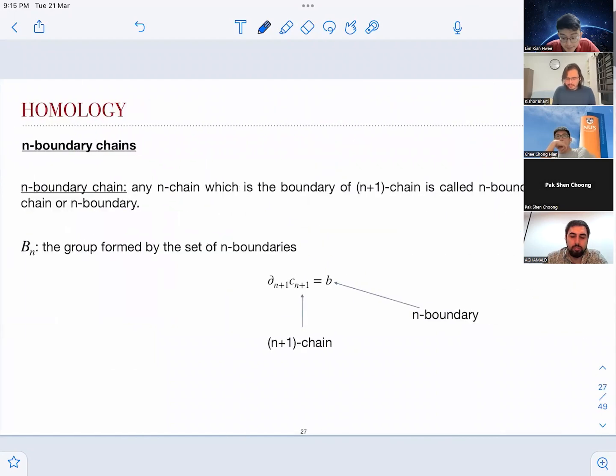Next we come up with this notion of a boundary. When you take a chain and act on it with some boundary map, you get the boundary, right? So boundary is also a chain, I mean, a lower dimensional chain. You have an n+1 dimensional object, you act on it by the n+1 dimensional boundary map, and you get a chain which is an n dimensional object.